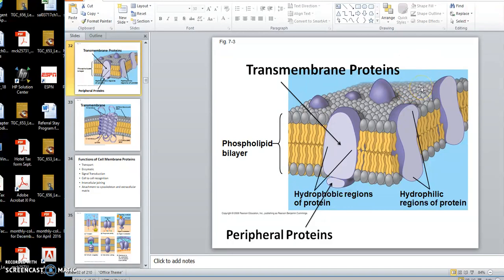It's like if somebody in the classroom could go straight through the wall, they could be running much faster. We'd have to find a door. So lipid soluble things go in and out. If the molecular size is small, the smaller it is, the easier it is to go through. And uncharged, well, that kind of falls under lipid, because if something is charged, it likes water, and it won't go through lipid.